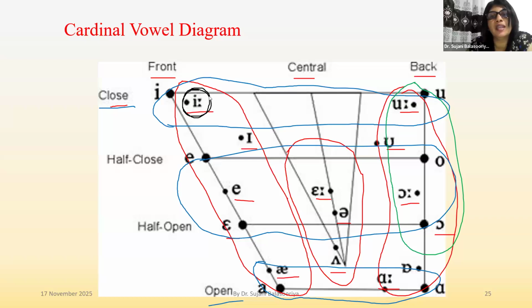So can anybody give me any idea regarding the features or characteristics of E, whether it is close or open or back or central, likewise? Anybody would like to tell anything? Hope you all can hear me, right? Yes. Any idea?